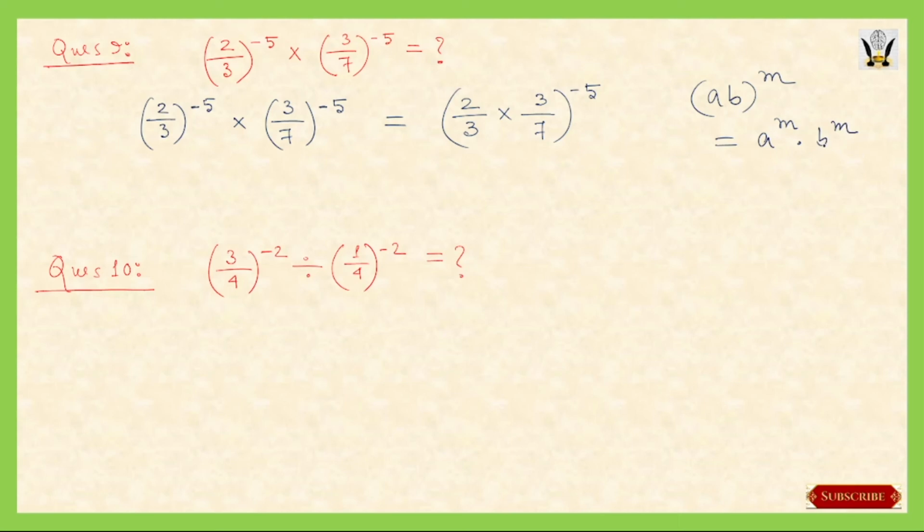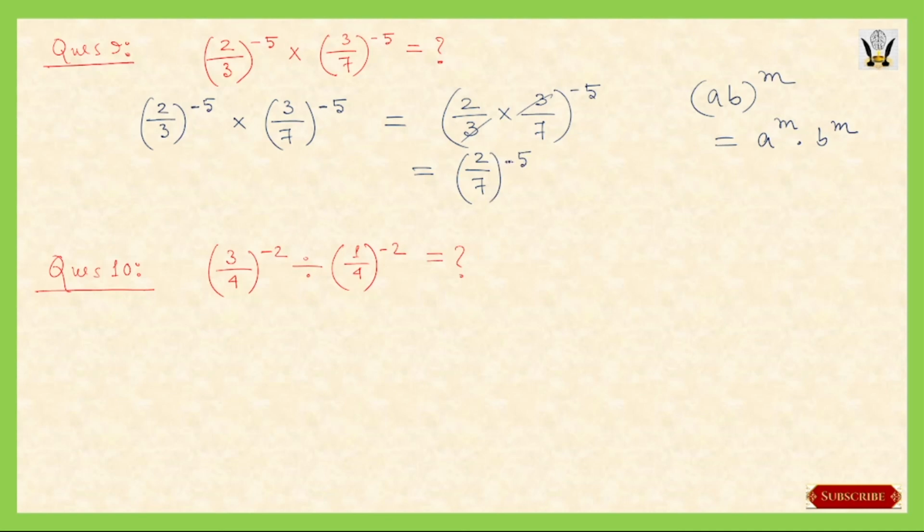We are just using this law in reverse order. It is given in this format and we are going from right to left. So it will be a multiplied by b, that is 2/3 into 3/7, to the power minus 5. The 3s cancel each other, so it will be (2/7) to the power minus 5.